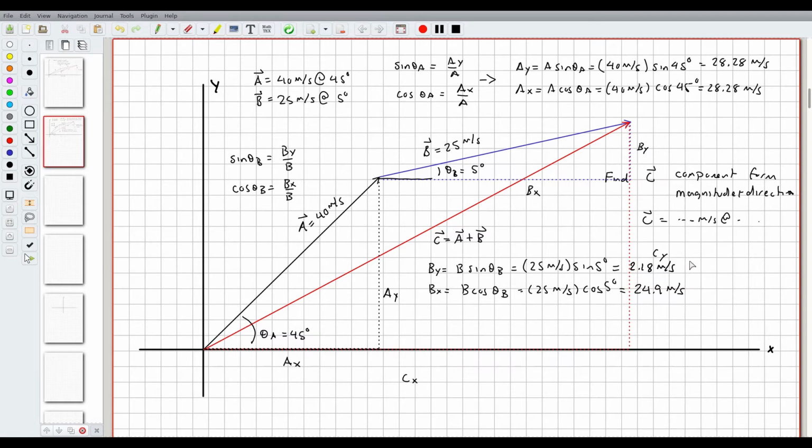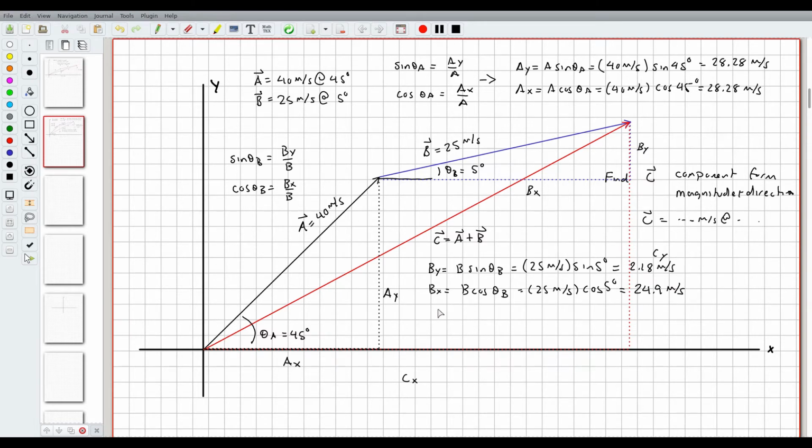Now these numbers might seem a little funny, but if you take a look at the vector B right here, you see how so much of its length lies along the x direction and very little lies along the y direction. So you would expect a y part that's much smaller than the x part, and that's what we see here. Now, remember, when you add these things together, all you do is add the components together.